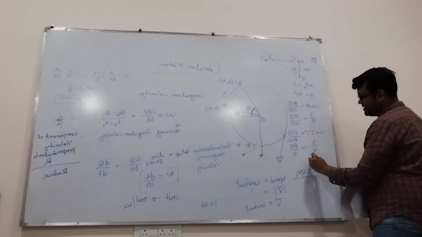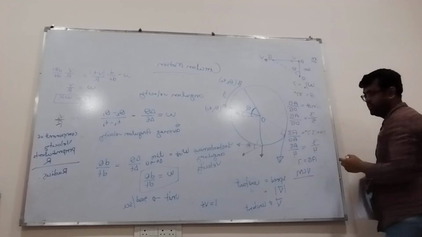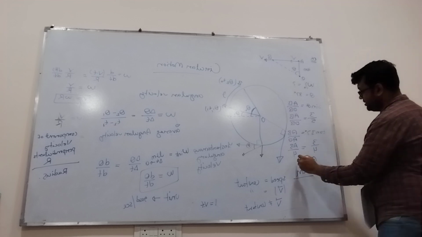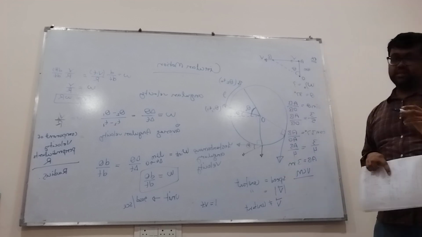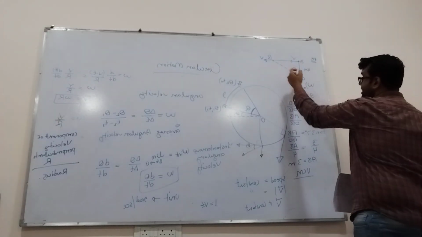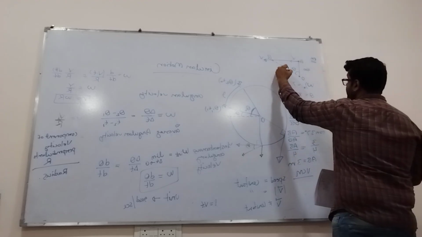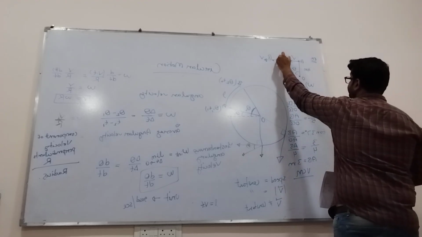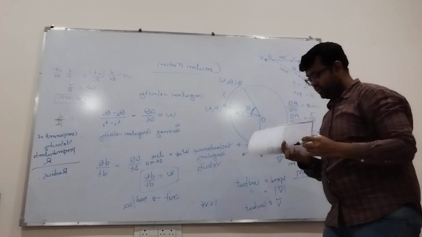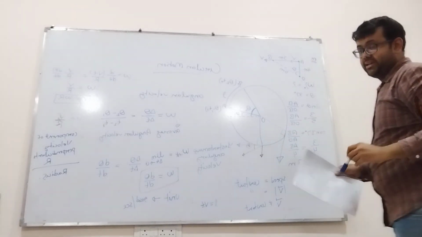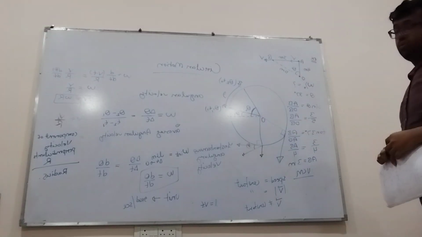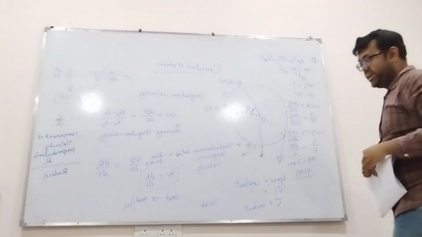So AB will come out as 3 units. Unit is not given, so AB will be 3 meter. And from the Pythagoras, OB will be nothing but 5 meter. So when the object is at A, what was the angular velocity?